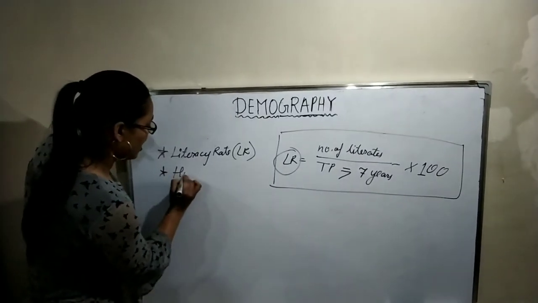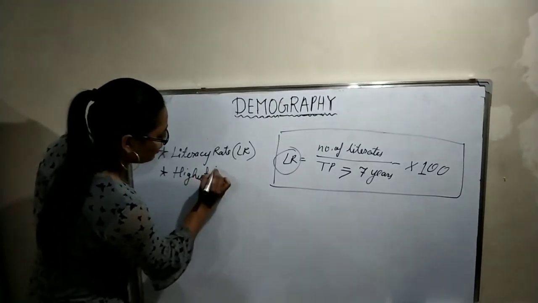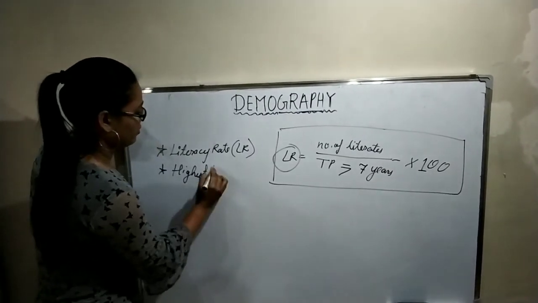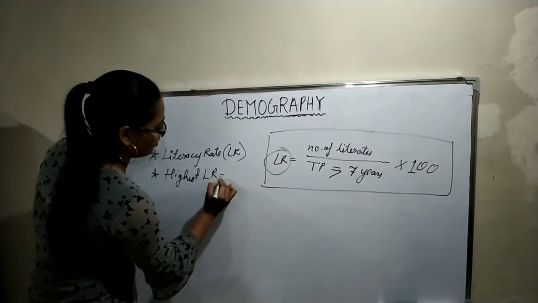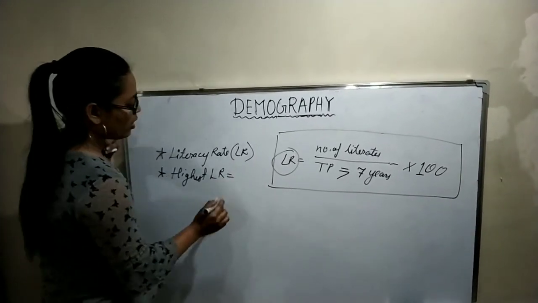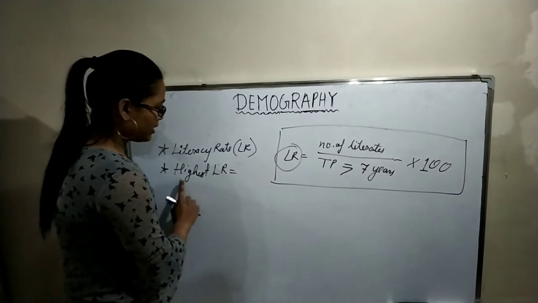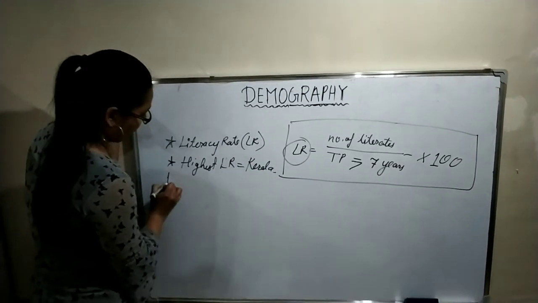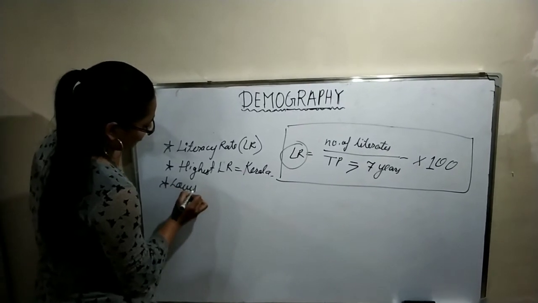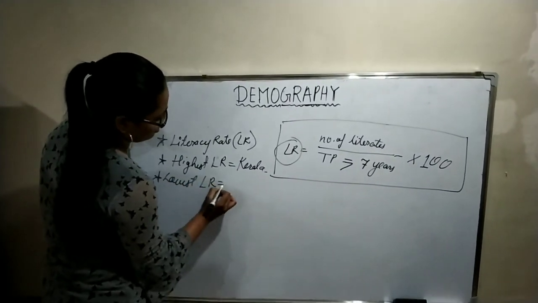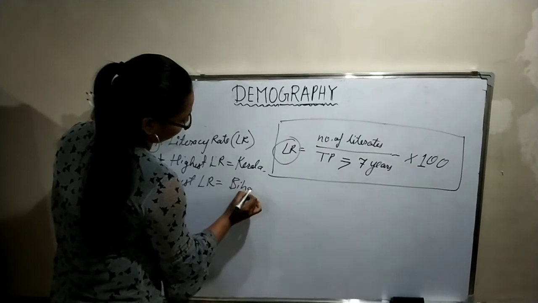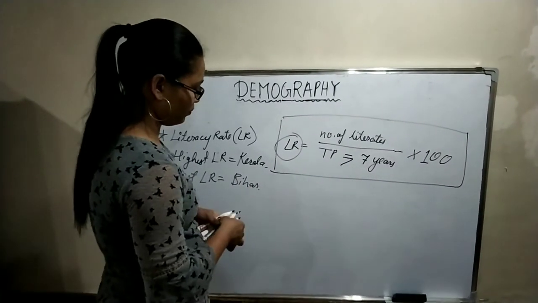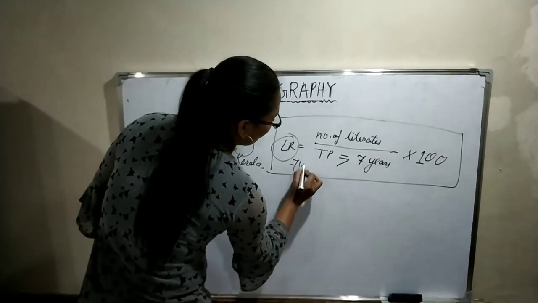So highest literacy rate in India. If we talk about India, the highest literacy rate is in Kerala. And if we talk about lowest literacy rate, then it is Bihar. And by the percentage, literacy rate is 74%.